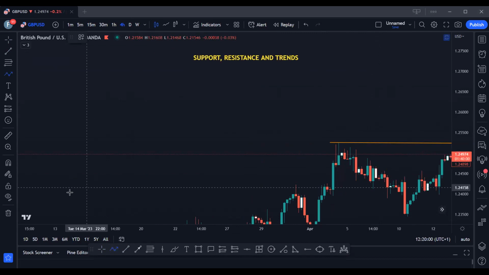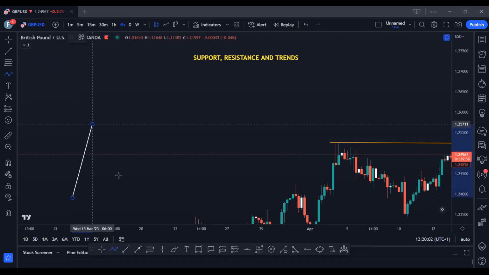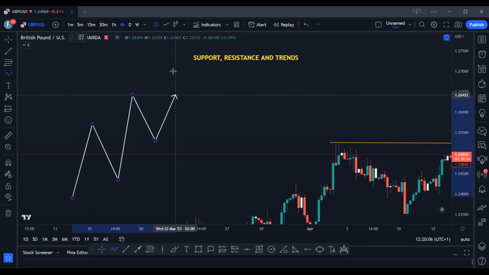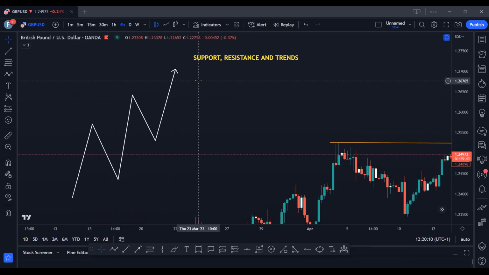Now, what do we say about trends? This is an uptrend. You have higher highs, higher lows, higher highs, higher lows. This is how a trend looks. In an uptrend we are interested in buying, so at what zone do we buy?